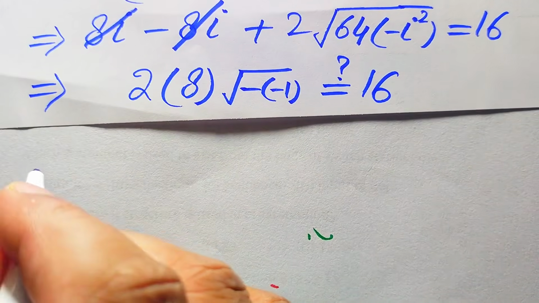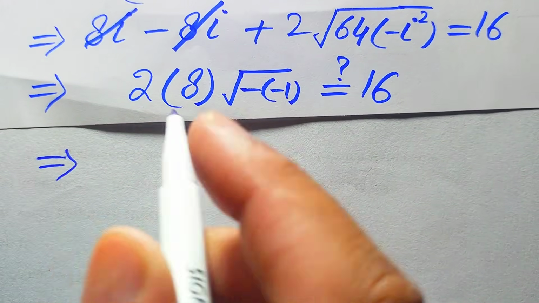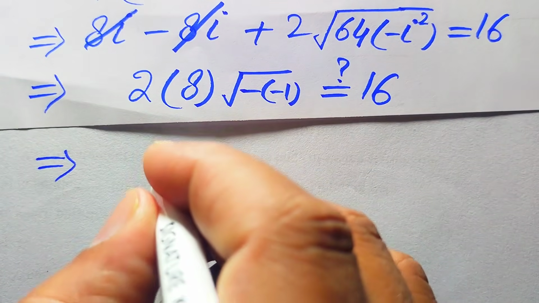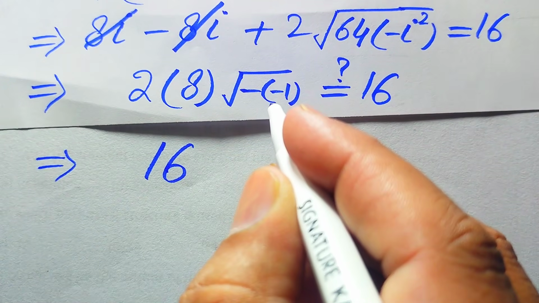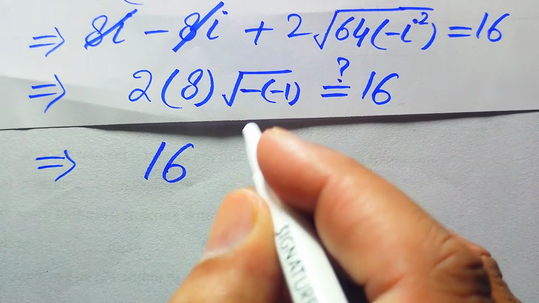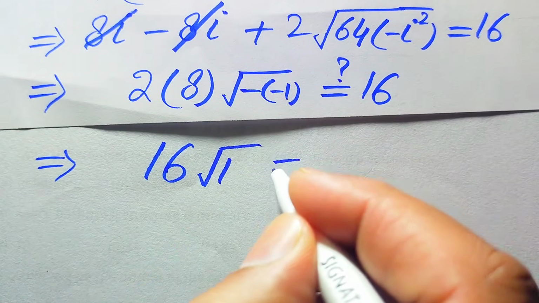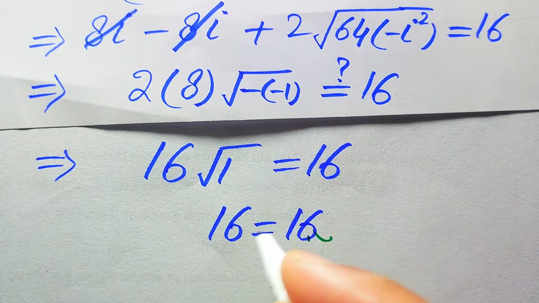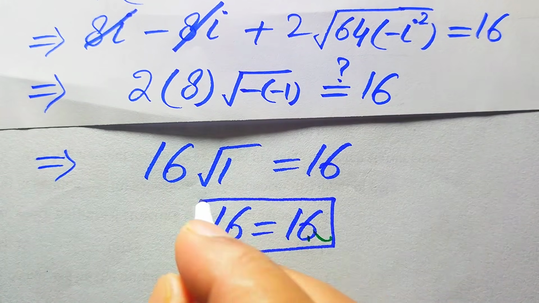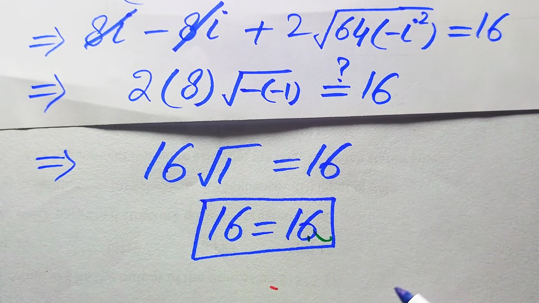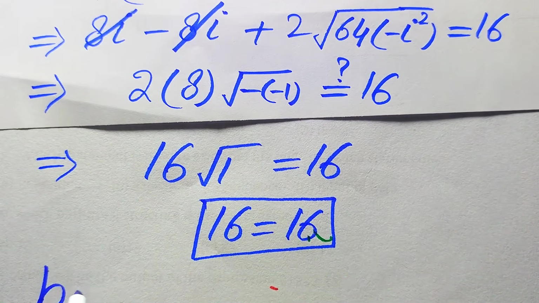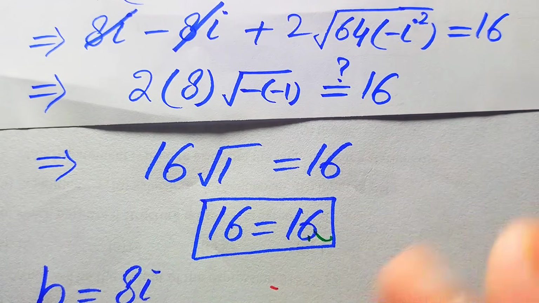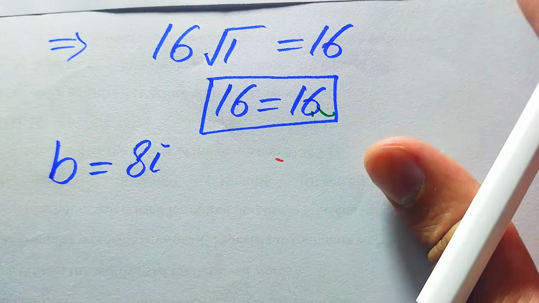So this becomes 2 times 8 = 16, and minus times minus becomes plus 1, and the square root of 1 is 1, so we obtain 16 = 16. This shows that both sides are equal. It means that b = 8i satisfies our given question statement.